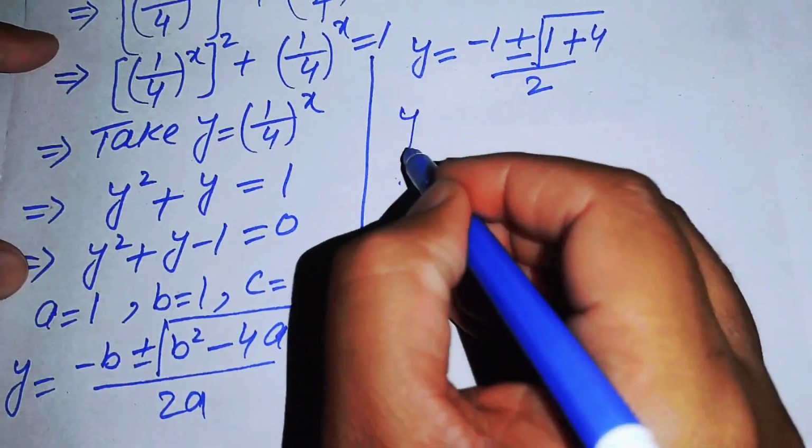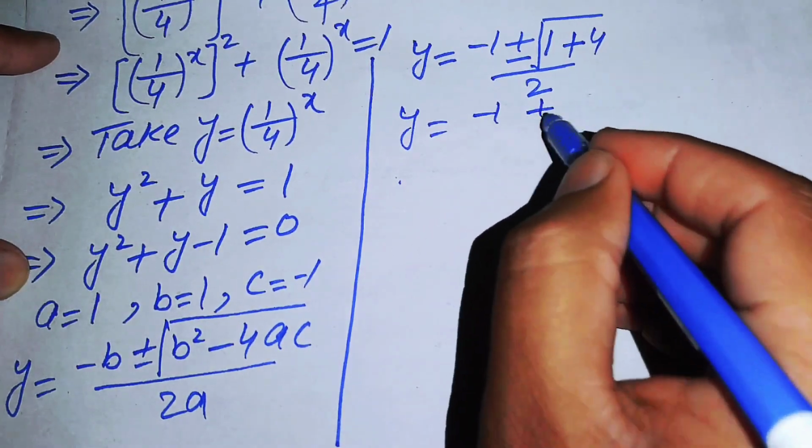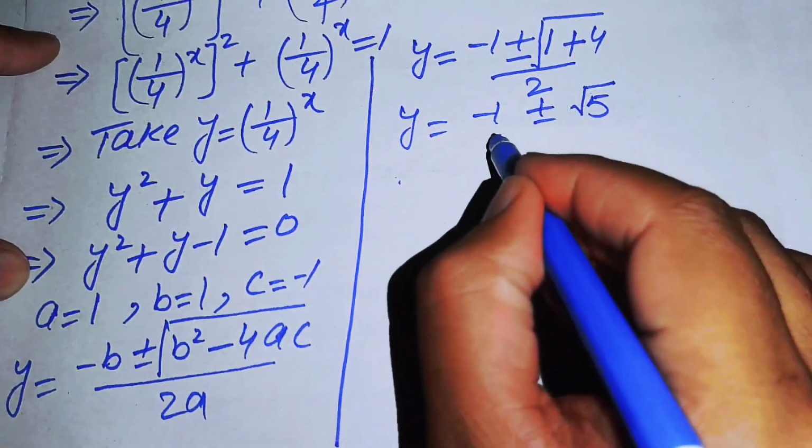So finally we get minus 1 plus or minus square root of 5, over 2.